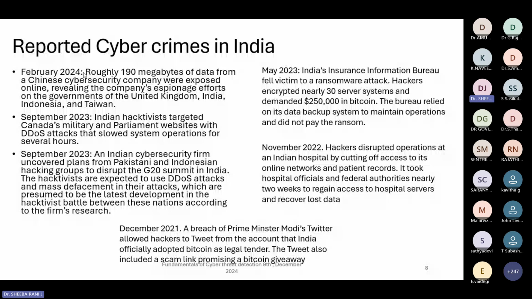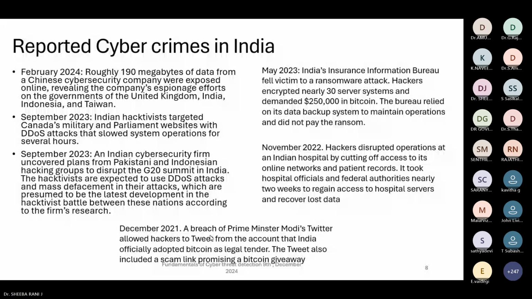Okay, now you see, in December 2021, a breach of Prime Minister Modi's Twitter allowed hackers to tweet from the account that India officially adopted Bitcoin as legal tender. You see what fake news they spread. The hacker hacked the Twitter account of Prime Minister Modi, and the tweet also included a scam link promising a Bitcoin giveaway.